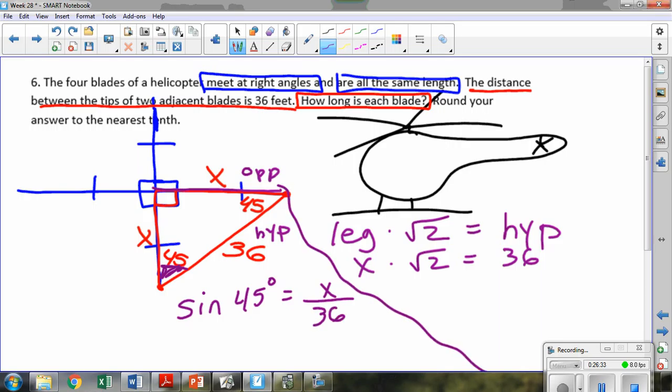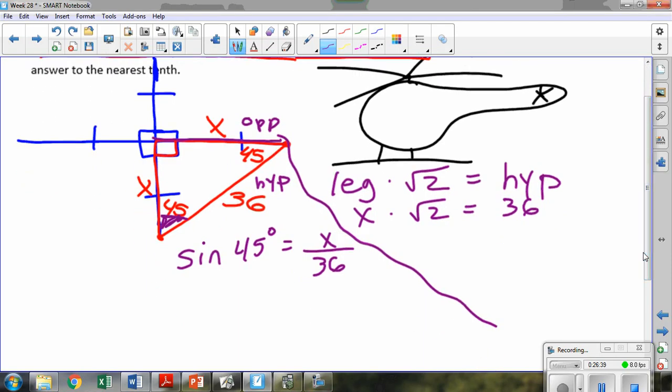And we can build a separate strategy, a separate equation. It doesn't matter which way you choose to use it. You can use the special right triangle properties. You can use general trigonometry properties. As long as you recognize that you've got a 45-degree angle, you have multiple avenues for success. Just pick the one that you like best.